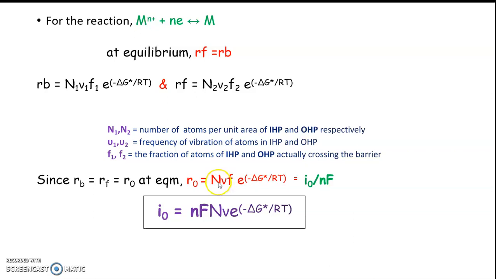Then, when RB and RF are equal, we can write R0 as N nu F into e raised to minus delta G star by RT, equal to the exchange current density by N into F. Hence, I0, the exchange current density, can be expressed by this equation.